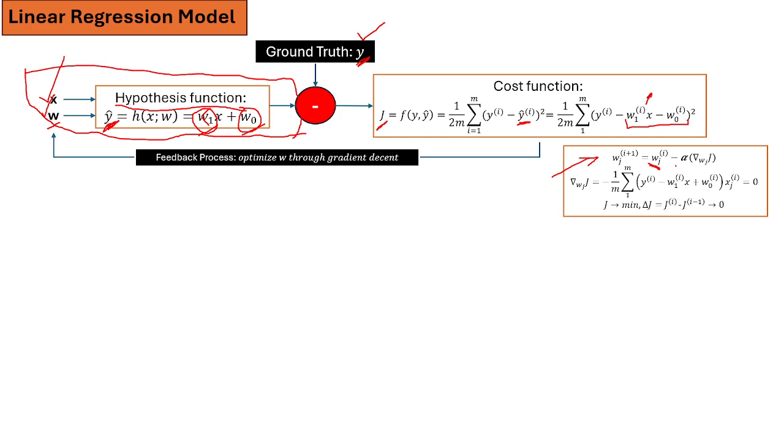The change, small or big, depends on this value, alpha, which is known as the learning rate. This is also something we have to provide as an input, and it is also a guess. This portion is called the gradient of the cost function with respect to the weights.